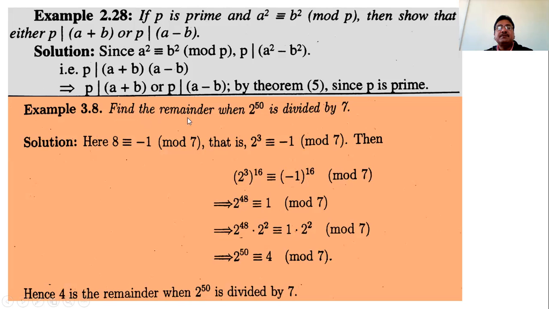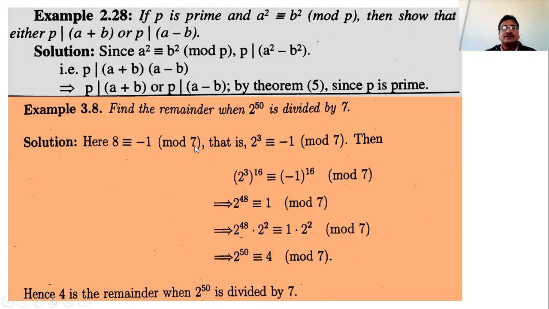So this is the example: find the remainder when 2 raised to 50 is divided by 7. So here 8 is congruent to 1 modulo 7. Why?